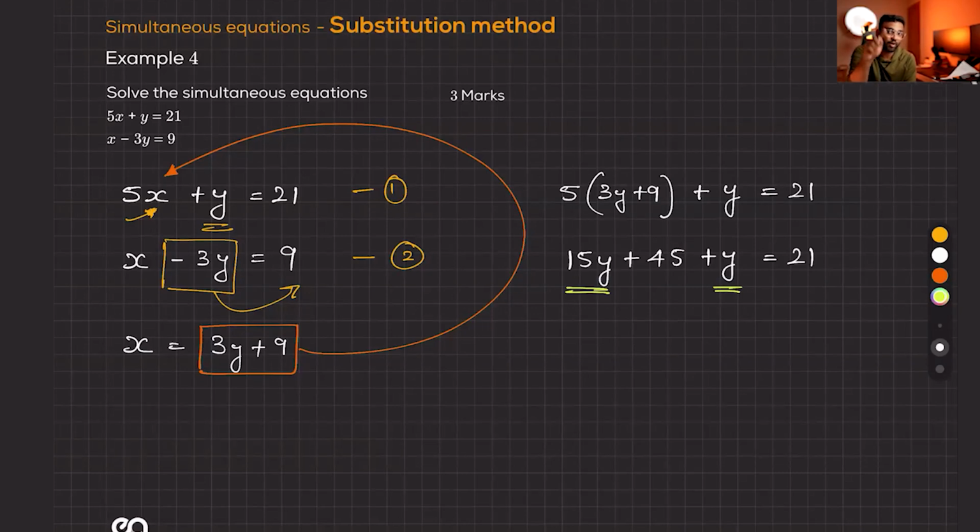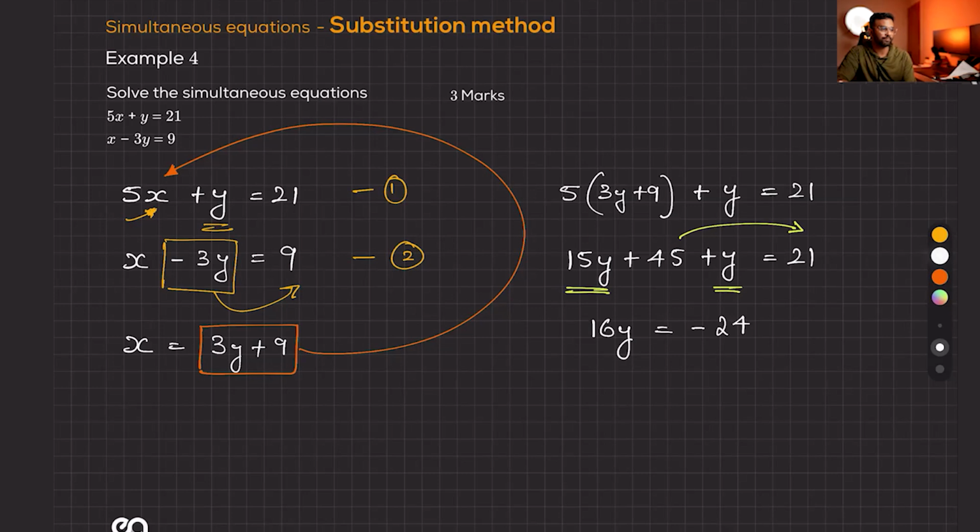They have the same variable, same power. At the same time, I'm going to move that 45 to the other side, both happening at the same time. So this would become 16y equals, what is 21 minus 45? Minus 24. Straight away, simplified.